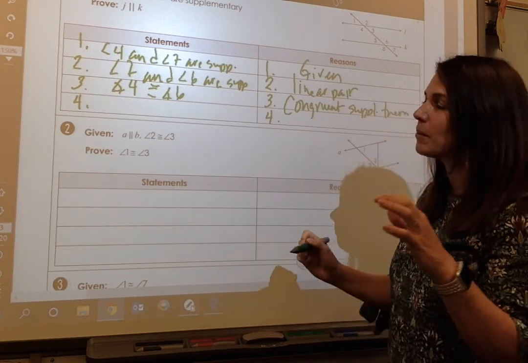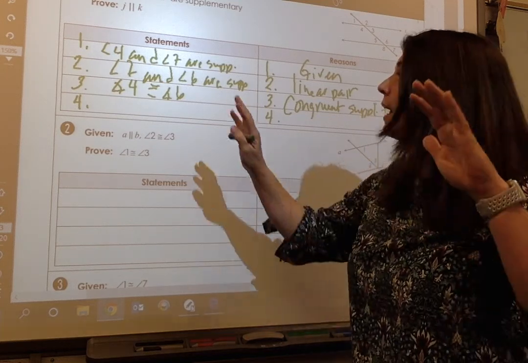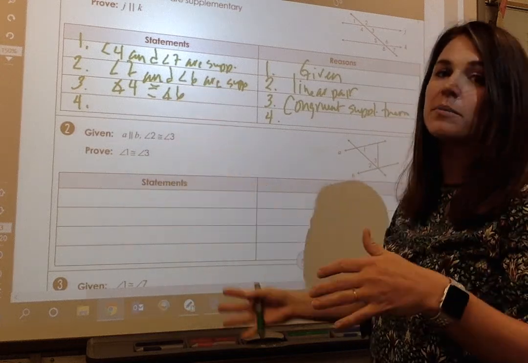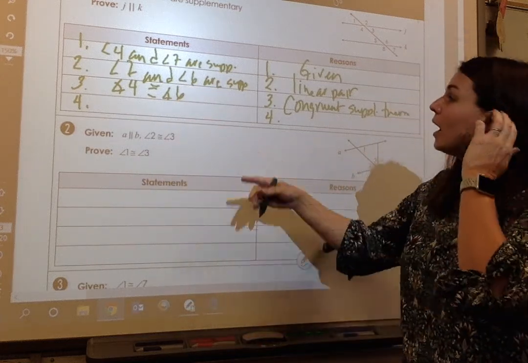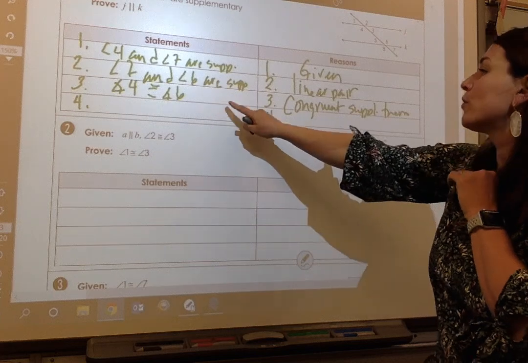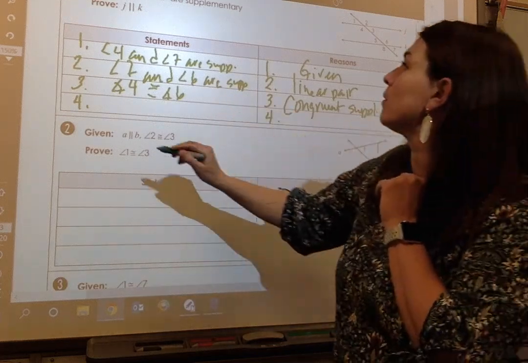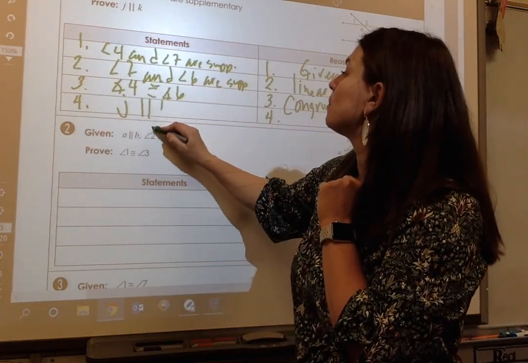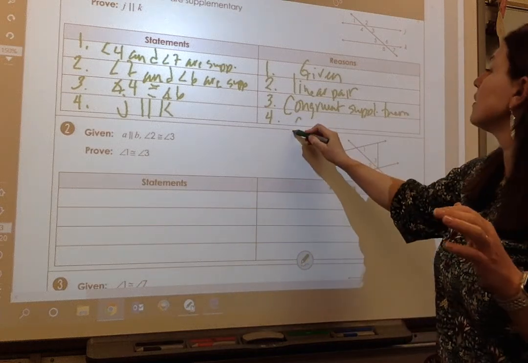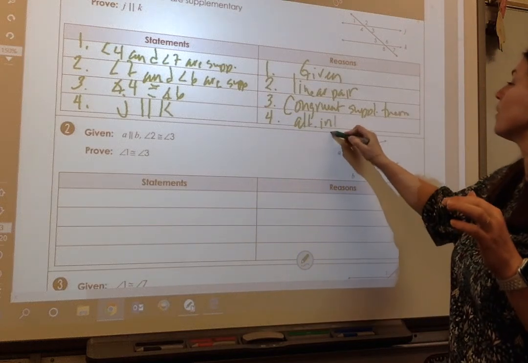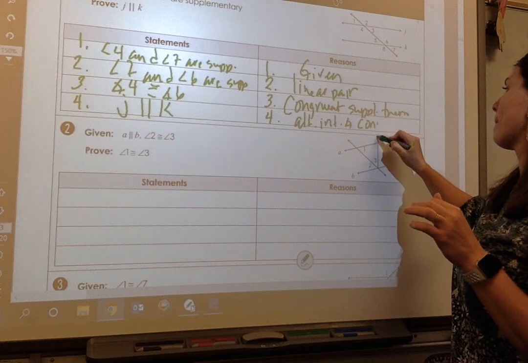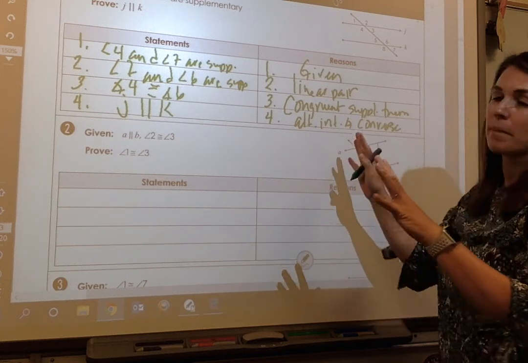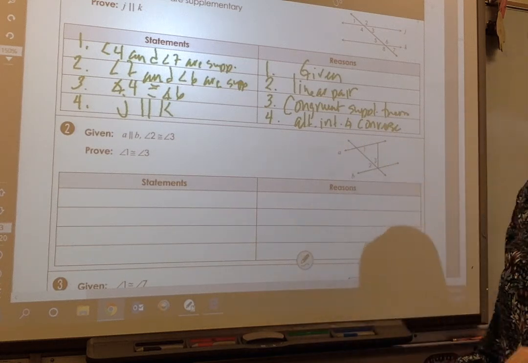Remember, the congruent supplement was like the transitive property and introducing congruency at the same time. So that property is still with us right now. So angle 4 is congruent to angle 6 by congruent supplements, and then I can say that J is parallel to K because of the alternate interior angle converse. Bam. That's how I'm going to prove number 1.